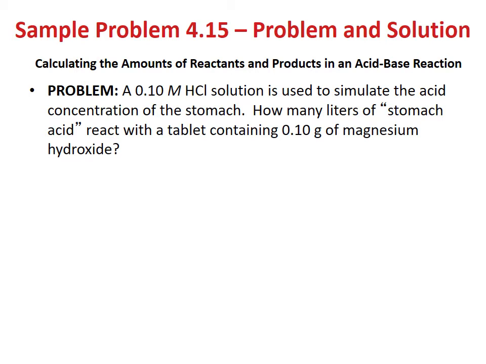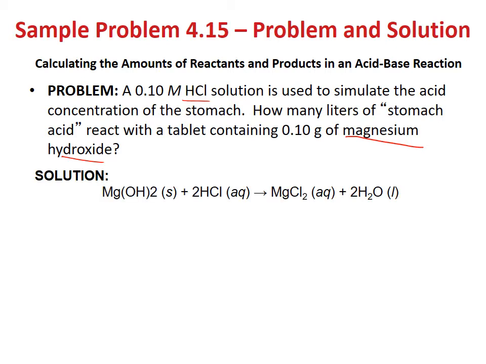So this is a neutralization reaction between the base, magnesium hydroxide, and the acid, hydrochloric acid. Let's first write the neutralization reaction. This is magnesium hydroxide. Magnesium is 2+, and you need 2 hydrochloric acid to form magnesium chloride and water. Okay, that balances the neutralization reaction.